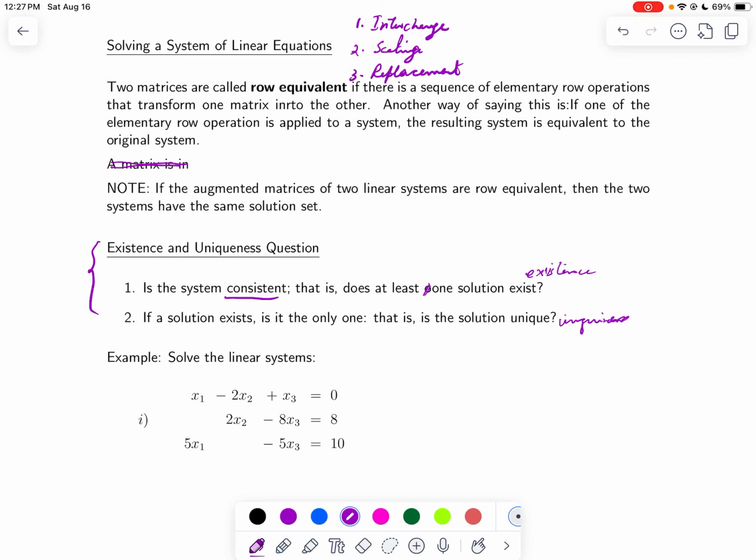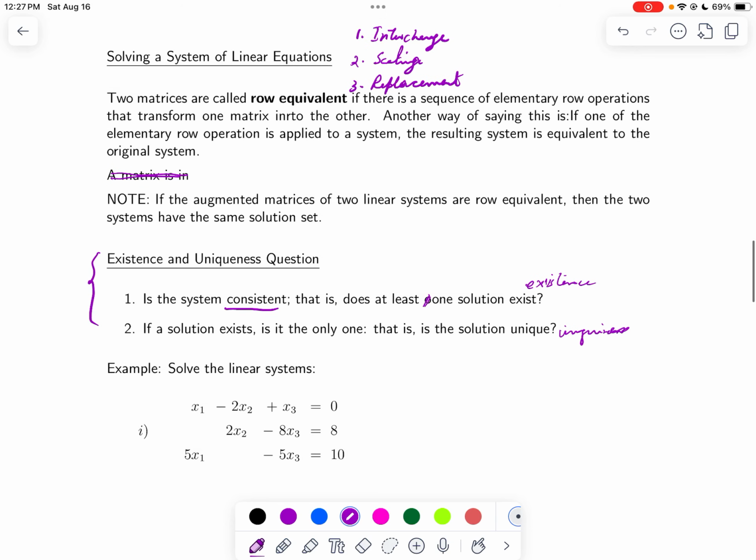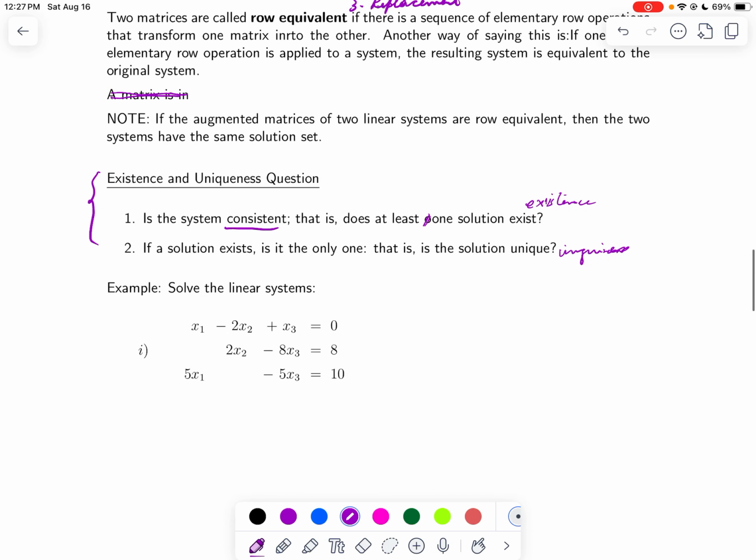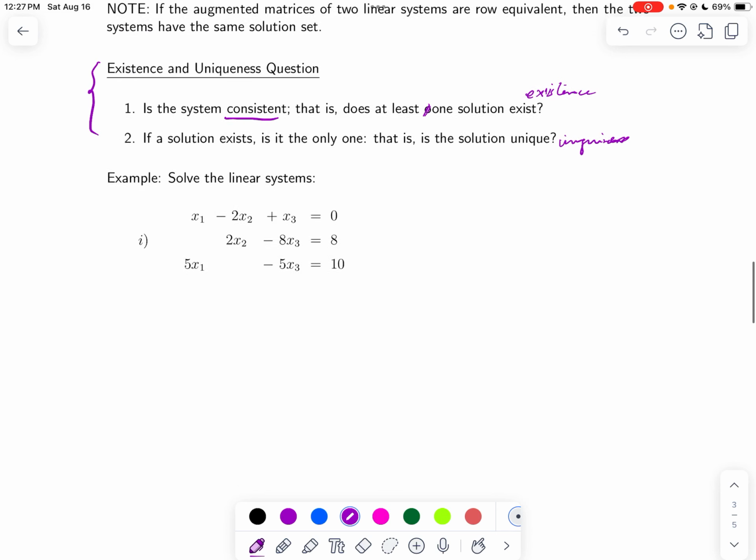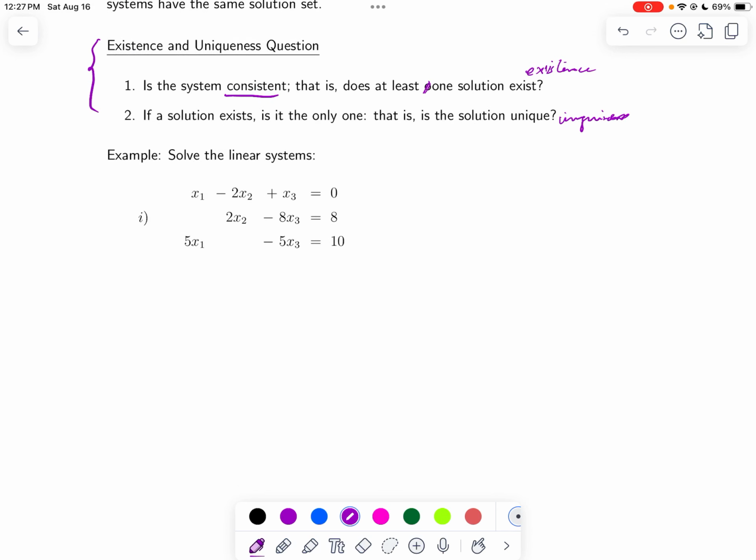That is, is the solution unique? These are the questions we will be answering in the upcoming examples. So let's dig in. First example, solve the linear system. Basically, we have three cases: a single solution, infinitely many solutions, and no solution.